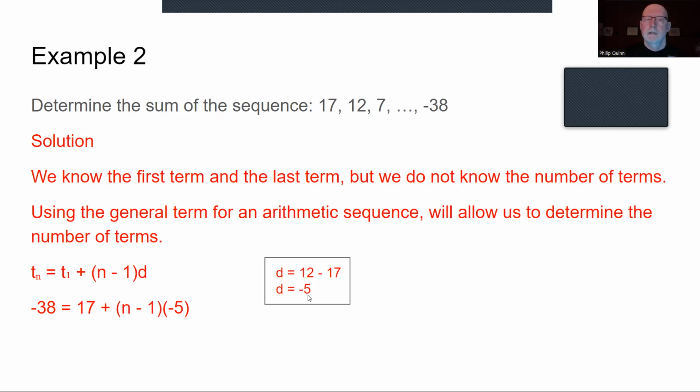We're adding negative 5 in each case to get the next term in the sequence. So now we've got the common difference, we know the nth term, we know the first term, and we don't know n, the number of terms. So we're going to use this equation to solve for n, because in order to get the sum, we need the number of terms.